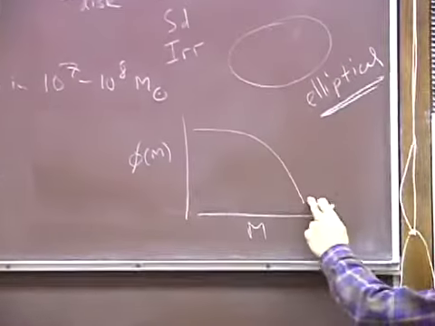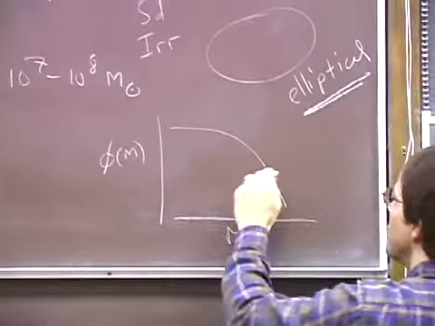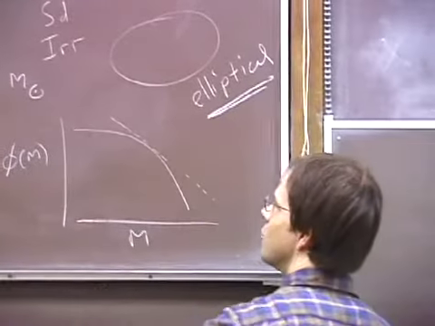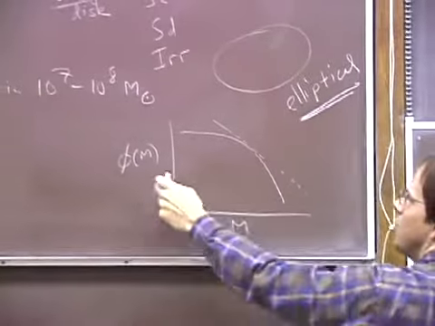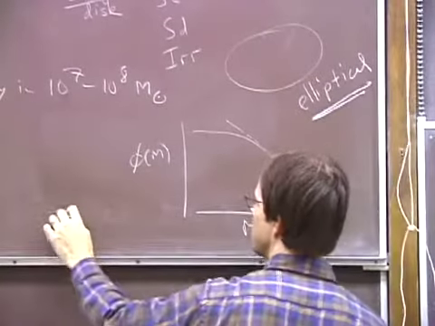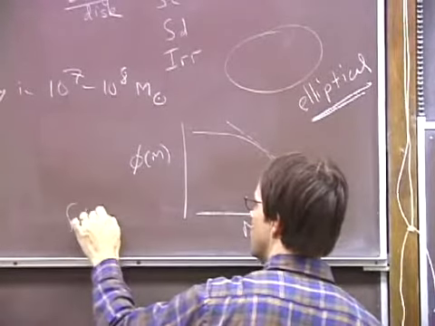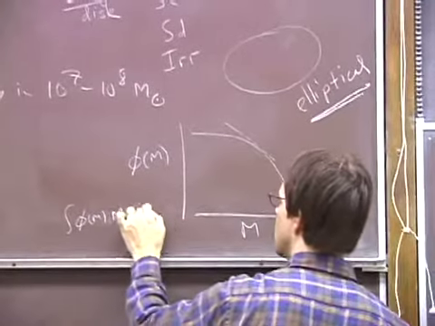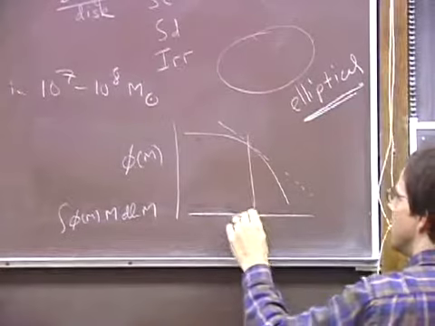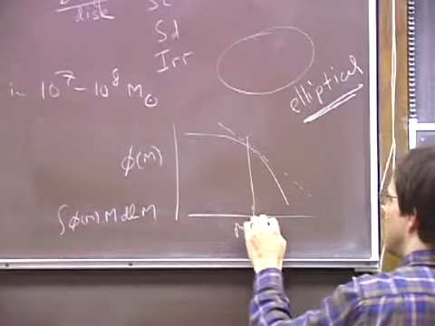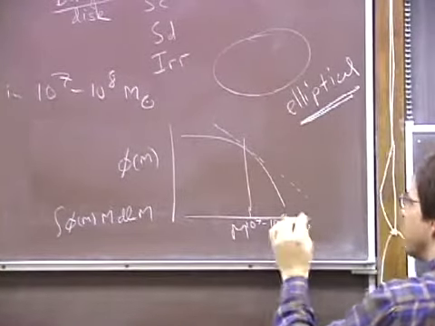It's very steep at the high mass end, relatively flat at the low mass end, and slope -1, where you get most of the contribution to this integral. The integral, if you do an integral phi of m d log m, you care about at this point, and that's around 10⁷ to 10⁸ solar masses.